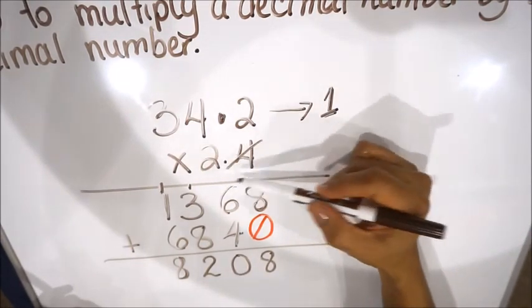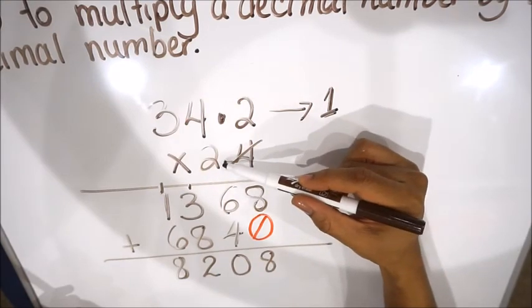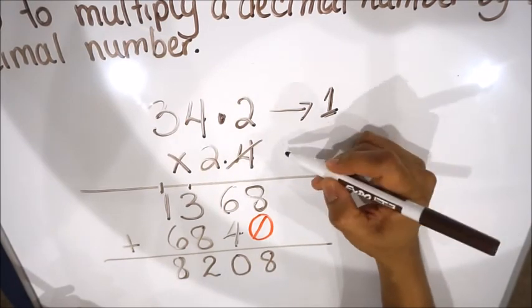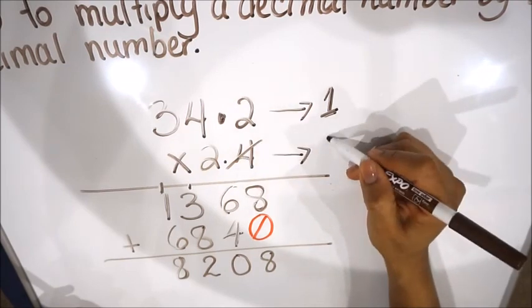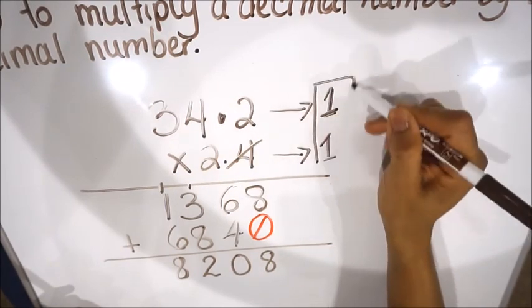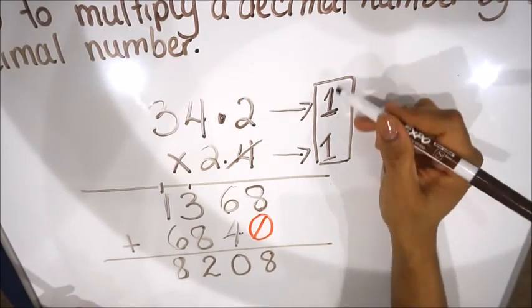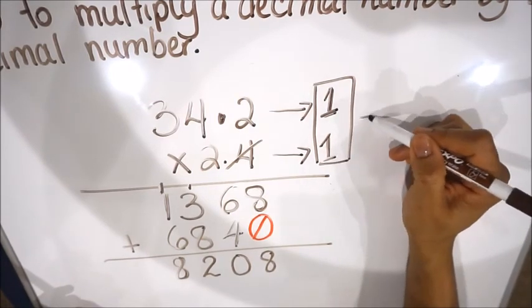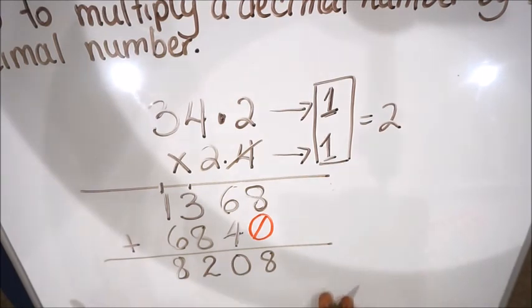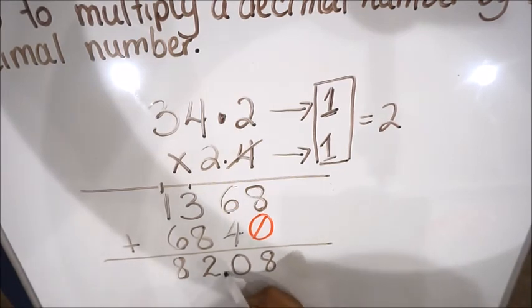For my second decimal number, I have 1 digit right behind the decimal point as well, which is that 4. I'm going to add both numbers, 1 and 1, which gives me 2. So in my final answer, wherever I place my decimal point, I have to make sure I have 2 digits behind it. So I'm going to put my decimal point right there. And there we go. That's our final answer, 82 and 8/100.